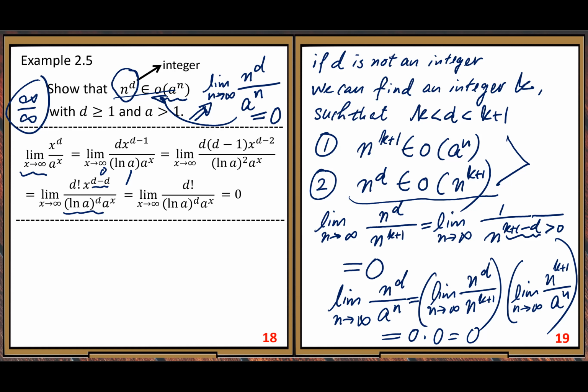Because d is not an integer, how do you define factorial? You won't have that factorial thing. That's why we try to avoid L'Hopital's rule, because we don't know where to stop. There is no factorial, so how do we stop?